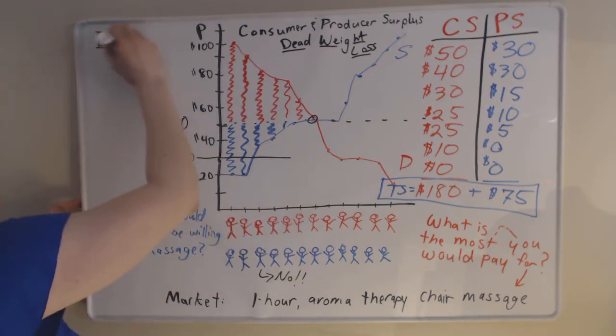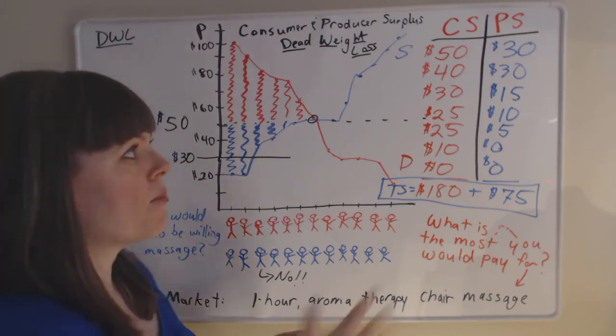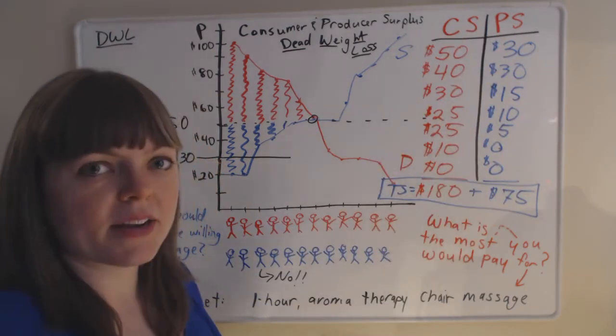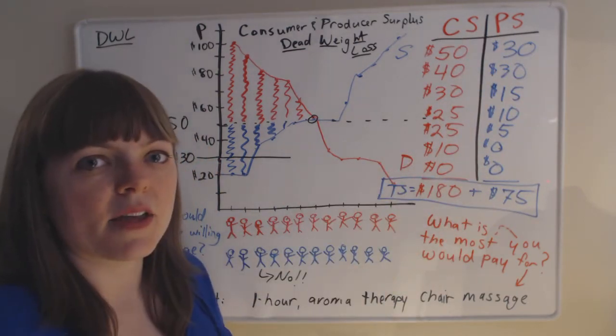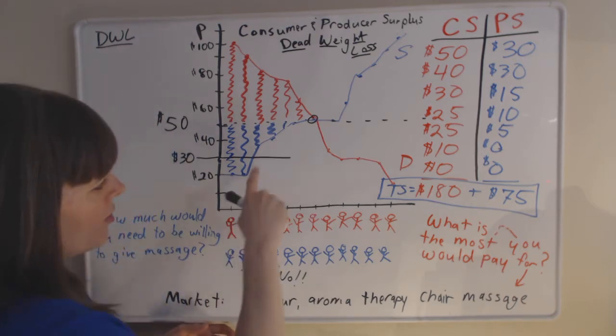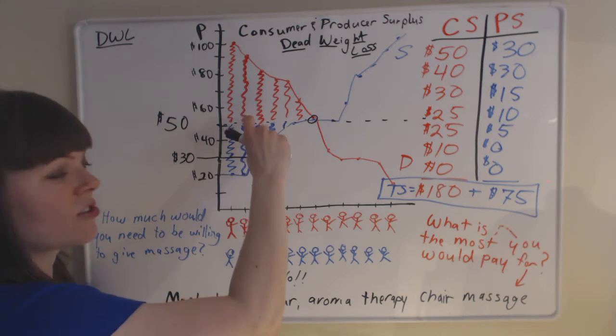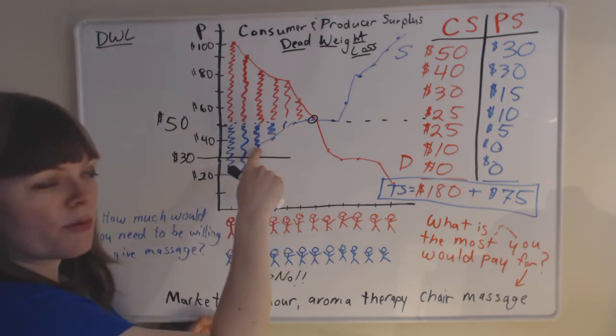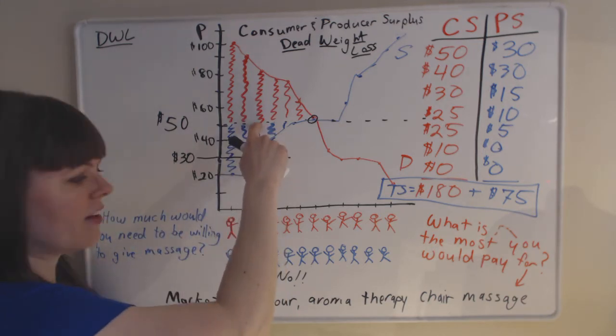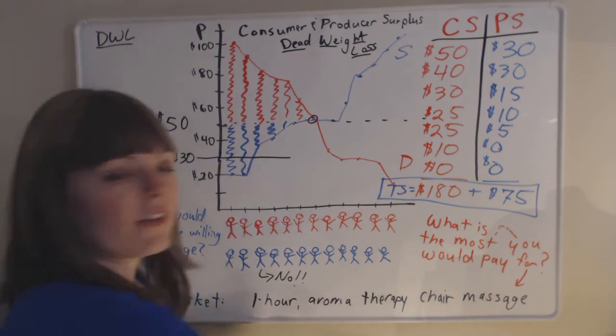We need to count up how much of this total happiness that we previously added up will disappear. And we know that this person who's previously getting $15 extra, since they were willing to provide for $35 and they got $50, they no longer are even in the market.